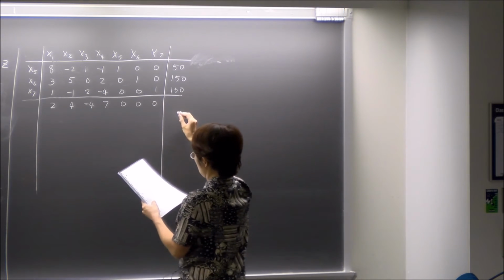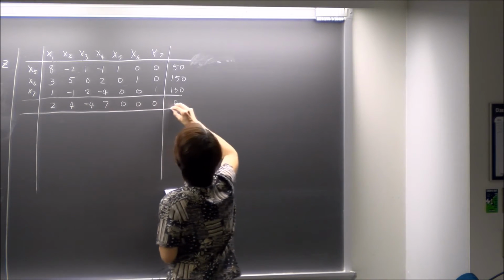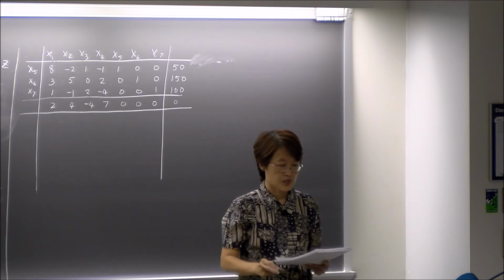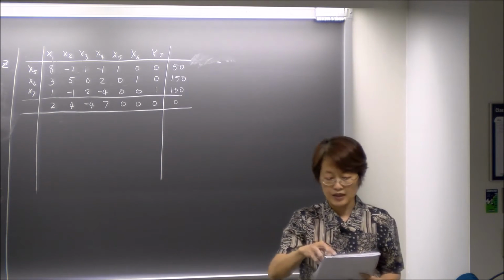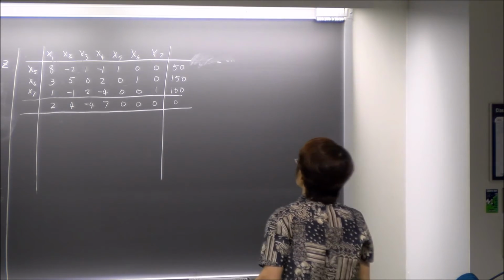That's all 0, and that's 0. Okay. So this is the initial Tableau, which is just a problem in canonical form. And now we're going to start our simplex algorithm.